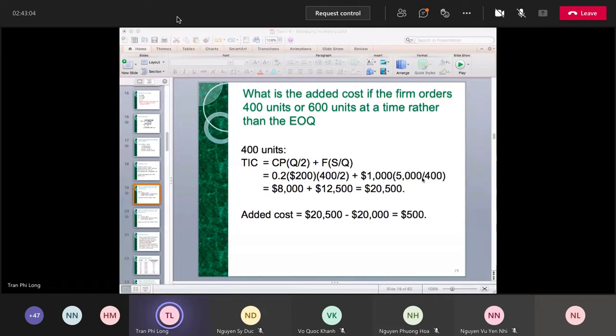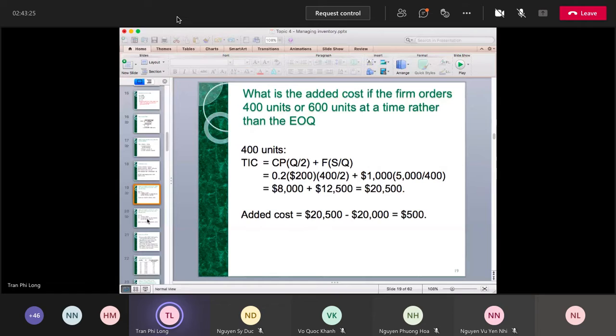So it will equal 20,500 USD. So basically, if you order at a level lower than the optimal point, you will have added cost.